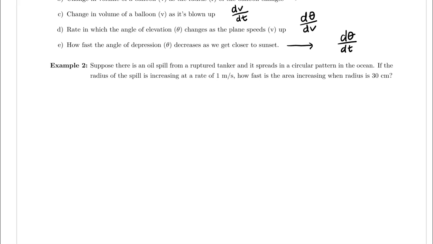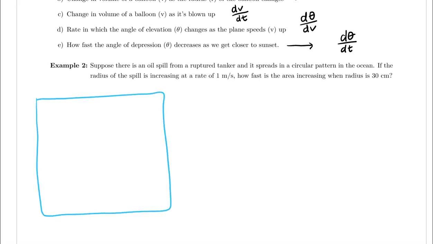And so let's say that we are in the ocean, and pretend we have an aerial view. So we're looking from up above, and let's say here's our boat, and it's leaking oil into the ocean in a circular pattern.